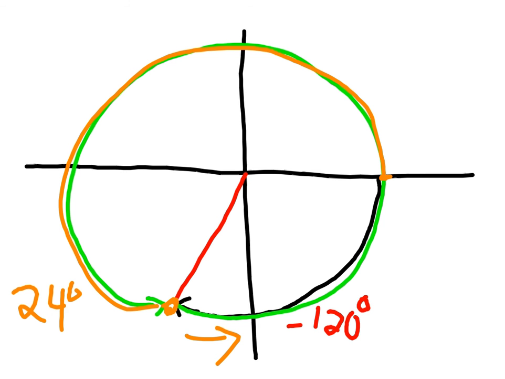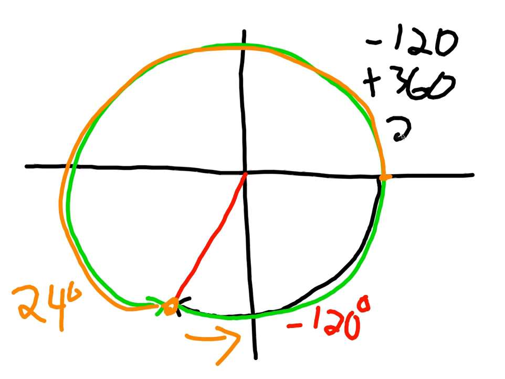Now you can also just do the math straight like a column. Negative 120 plus 360, you also get 240 degrees. So if you're at a negative angle, you just add 360, rotate clockwise 360 degrees in order to achieve a positive angle, and that should be 240 degrees, not 24 degrees.